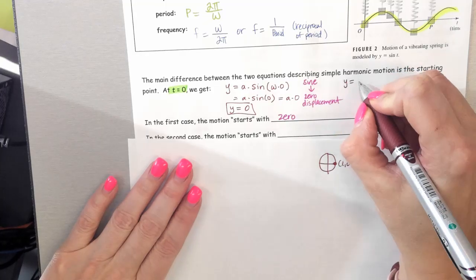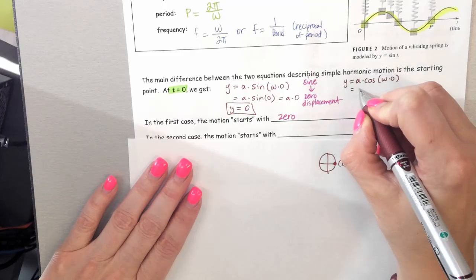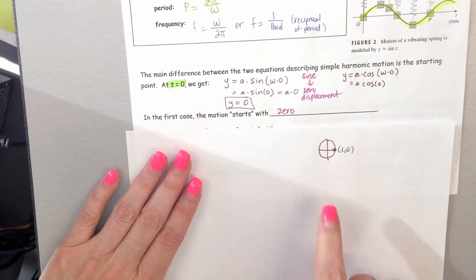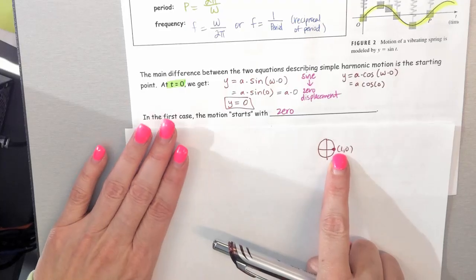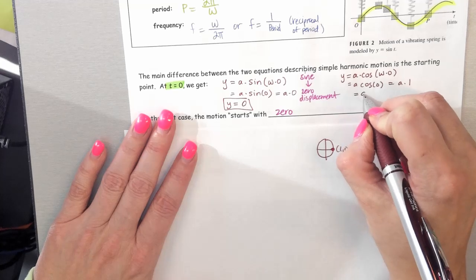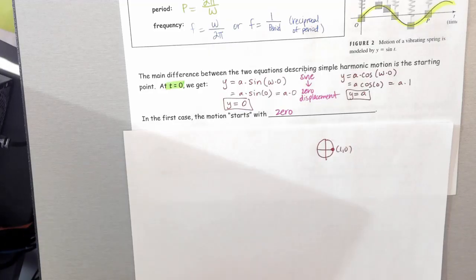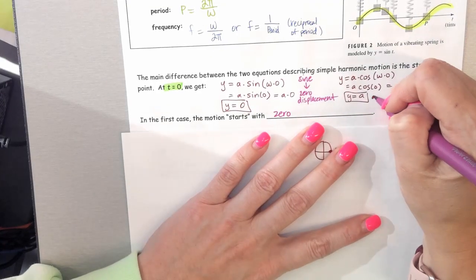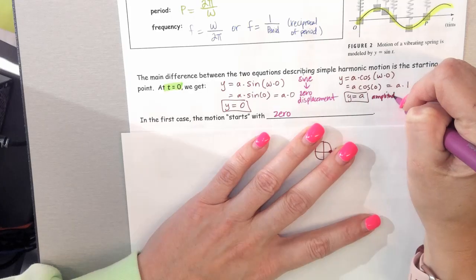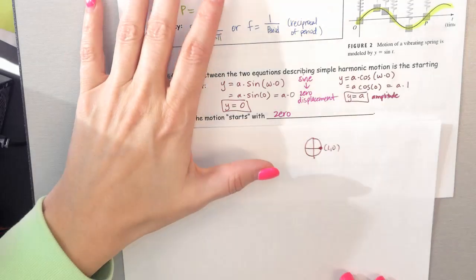Okay, when we look at your cosine, and we plug in 0 for t, we're calculating the cosine of 0. If we use the point, you can see it's 1. Okay, a times 1 is just going to be a. And remember, a is equivalent to your amplitude. Your amplitude is going to be equivalent to your maximum value as long as there's no vertical shift up or down, which there will not be in this.